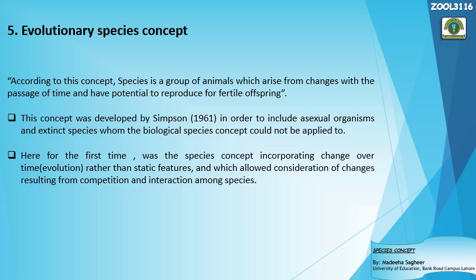So let's read it. According to this concept, a species is a group of animals which arise from changes with the passage of time and have the potential to reproduce fertile offspring. A species is a group of organisms that are descendants from the parents, but during their descent they got changes in their structures because of evolution and natural selection.